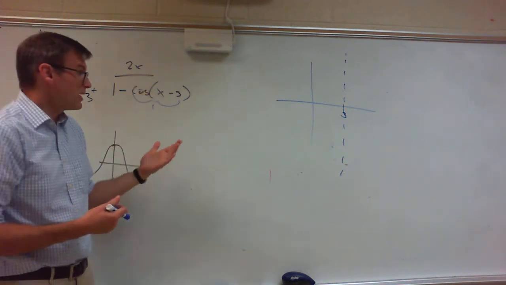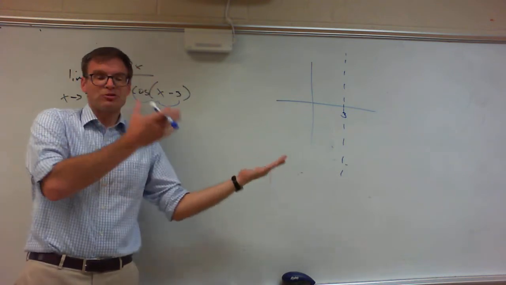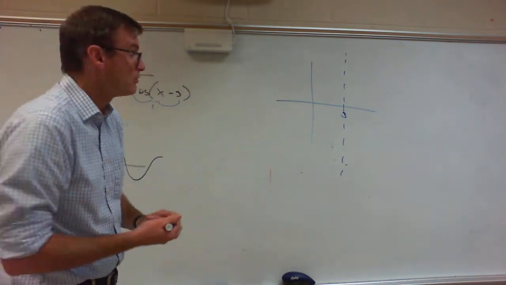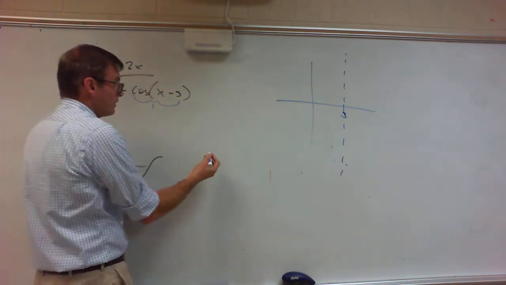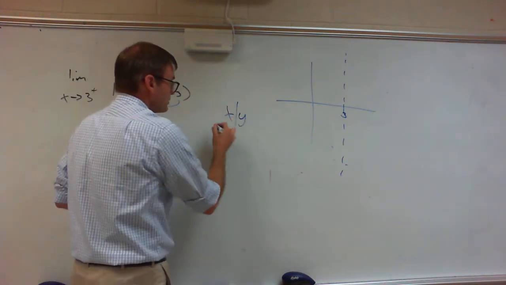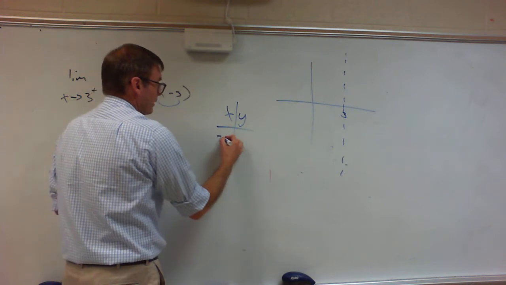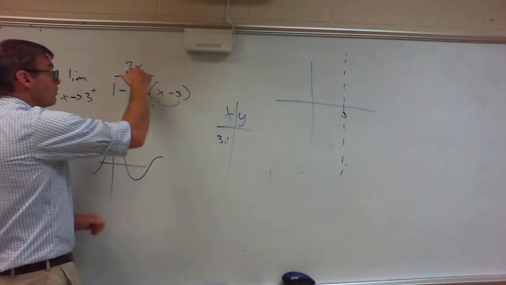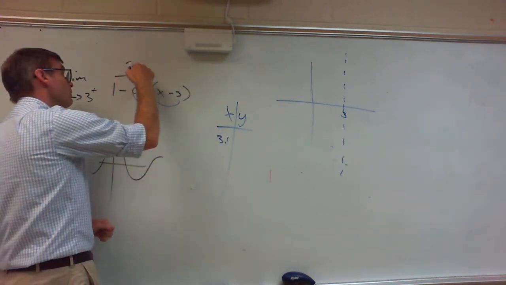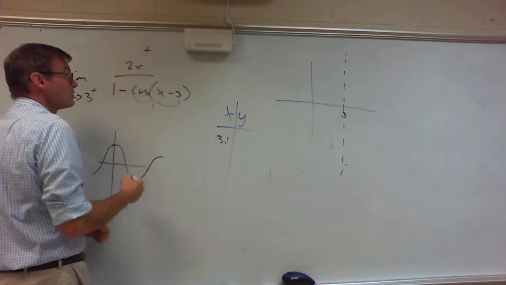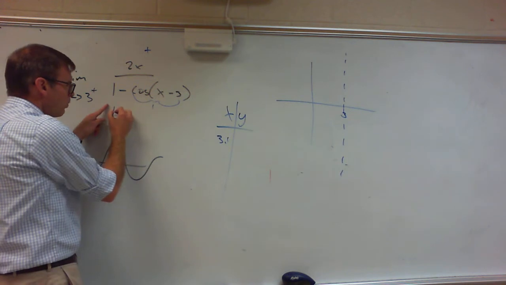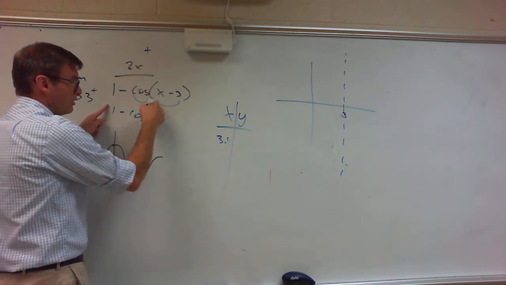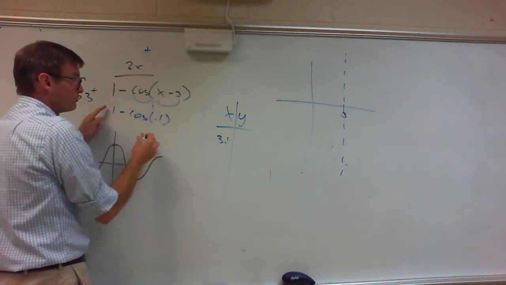But here, let's treat this the same way I did the previous problem. If I'm interested in 3 from the right, well, I have my little XY chart. I care about what's happening at like 3.1. Well, 3.1 on the top, 2 times that is still positive. But 3.1 on the bottom, this is 1 minus cosine of 3.1 minus 3, or 0.1.